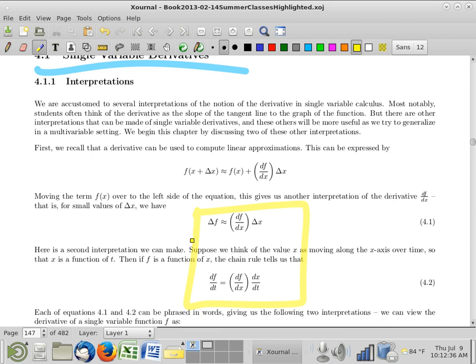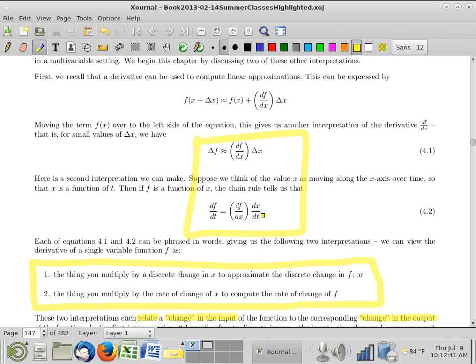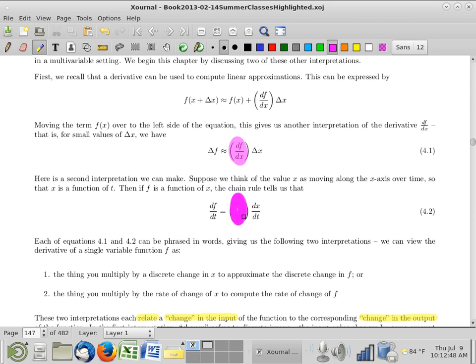In both cases, we're interpreting the derivative as being something that you do to some sort of a change in x. Now, in the first case, it's a discrete change in x. I consider what happens if x starts here and ends there. If x jumps from there to there all at once, discrete change in x.